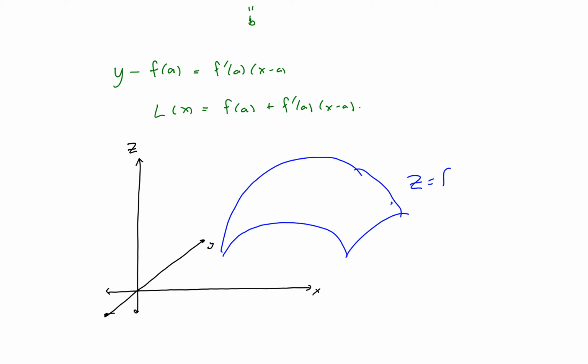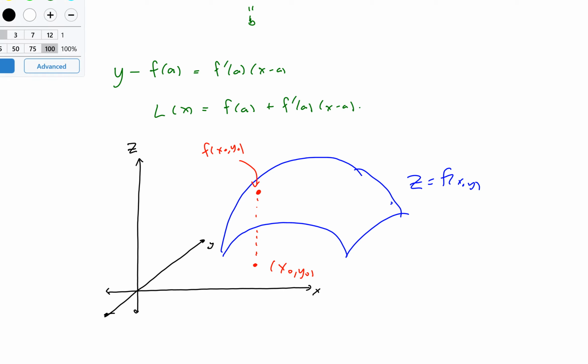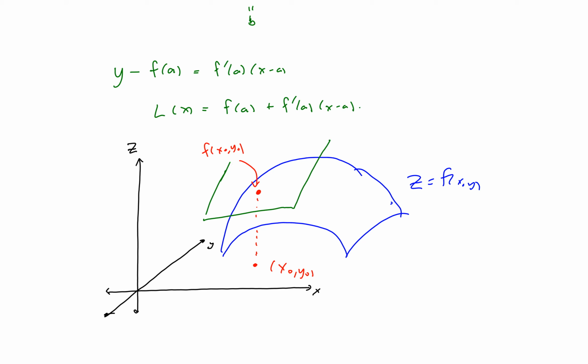Say this is z equals f of x y, and then I can pick some point, say here, x0, y0 now, and we'll go up, and this is the height f of x0, y0, and then we can draw our plane there. So this is the tangent plane at this point.